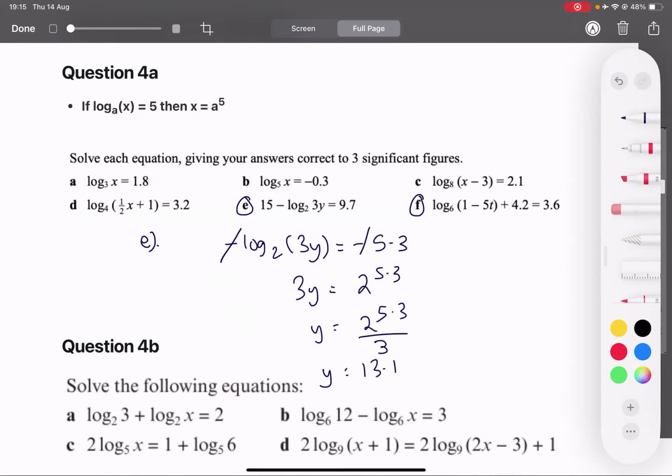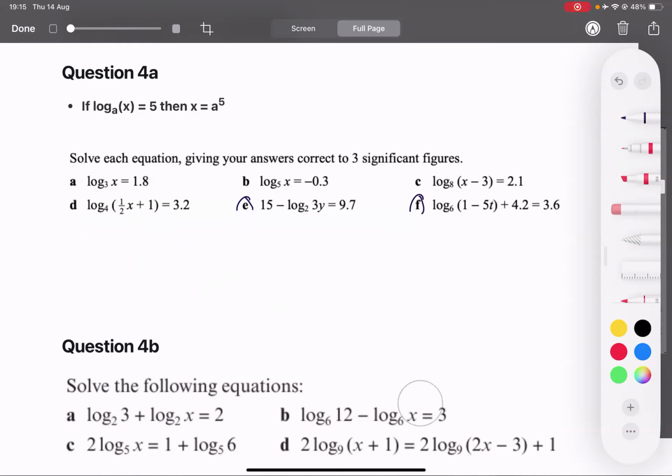Last one. So for F, what would you do? I moved 4.2 to the other side. Good. And I got minus 0.6. Good. And then I wrote down the equation 1 minus 5t equals 6 to the power of minus 0.6.